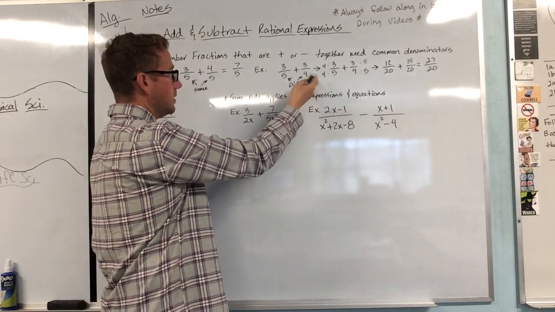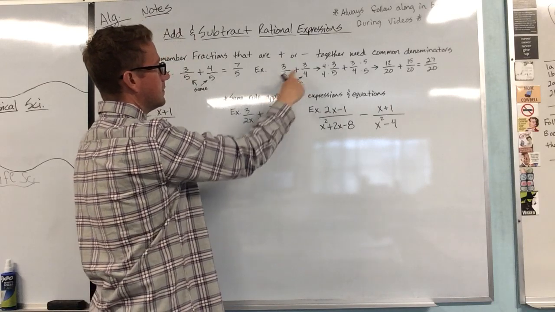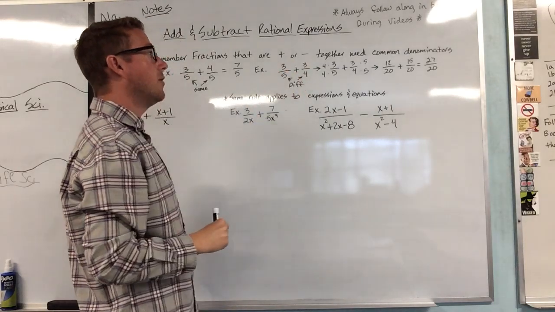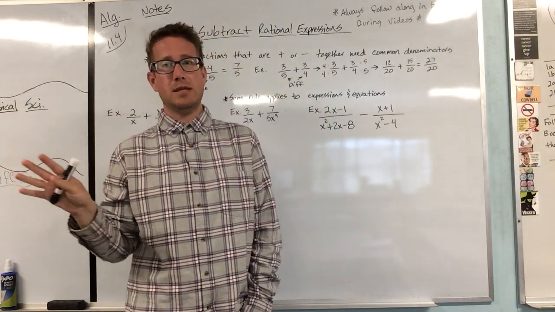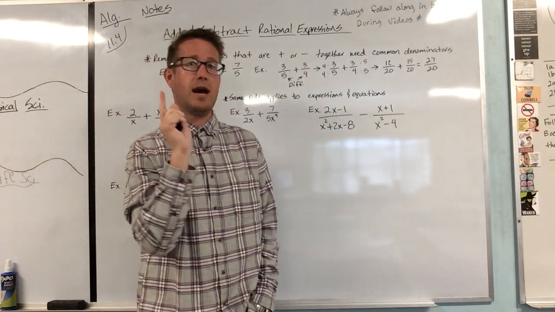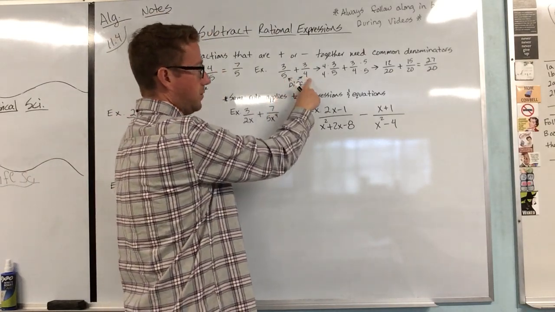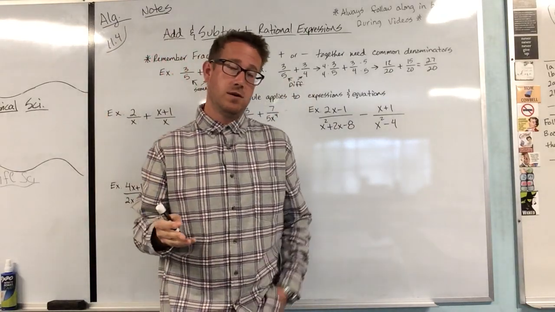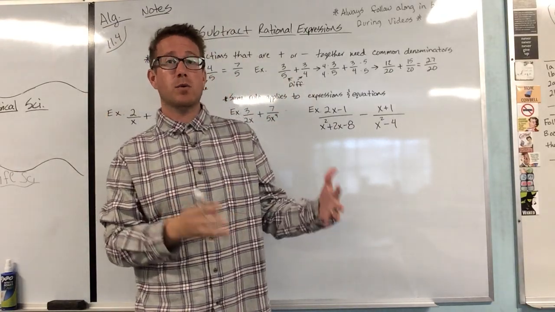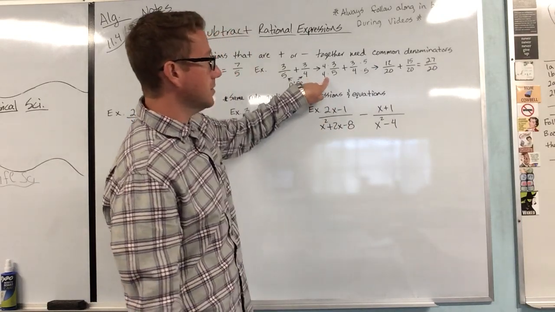Now, over here, what if we have a different denominator? You're looking at 3/5 and you're looking at 3/4. Just because the numerators are the same doesn't mean that you just proceed. You have to get a common denominator, and 5 cannot become 4, and 4 cannot become 5, so you have to figure out what's the next best number. Well, they both could become 20. How so?